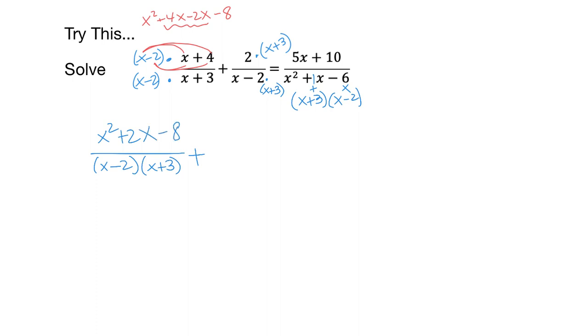All right, my second fraction, again, I'm going to keep the bottoms exactly the same. And I'm going to multiply out the top. So 2 times x is a 2x. 2 times 3 is 6. And then my third fraction completely stayed the same.